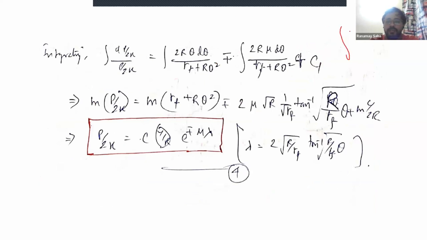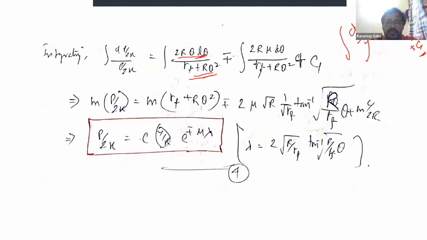integration of anything differential dy by y is nothing but ln y, plus constant c, right? So from that you have this natural log of p by 2k becomes equal to, this is again the same thing. If you take this as y, then dy becomes 2 theta d theta.